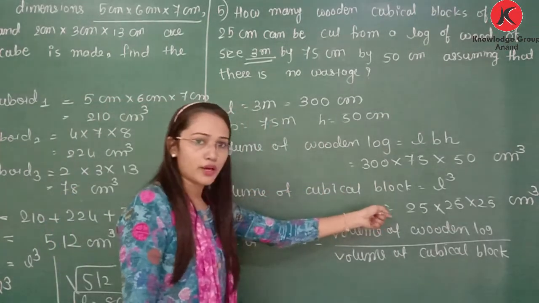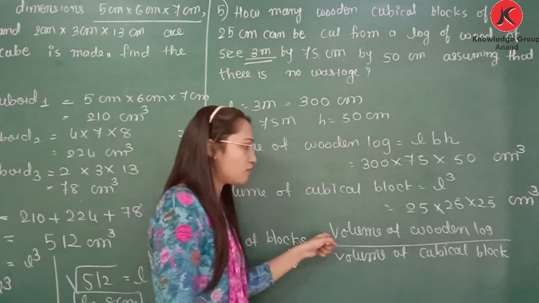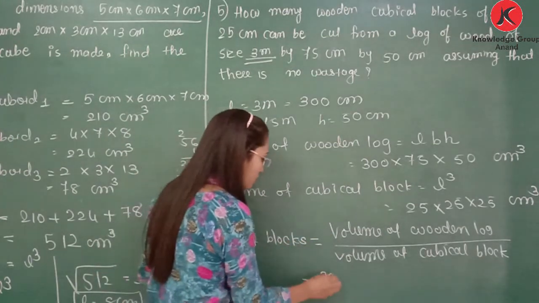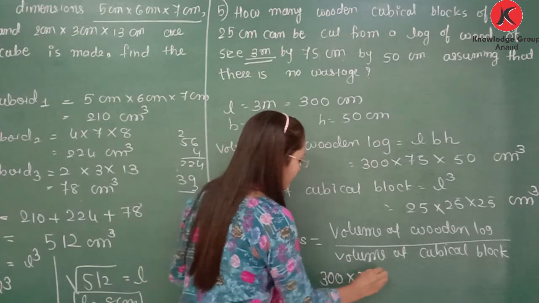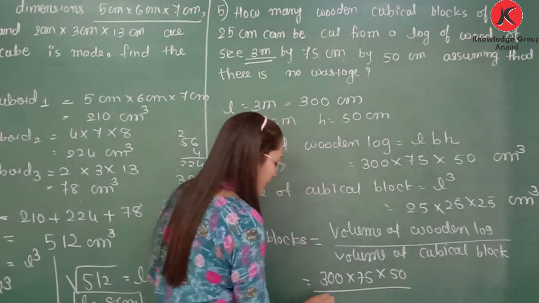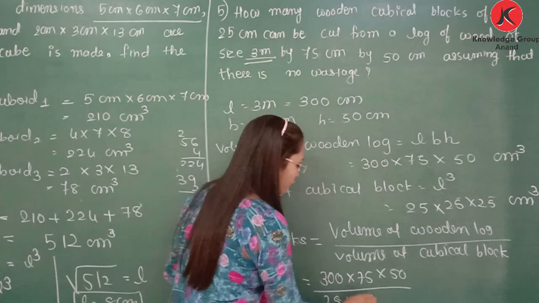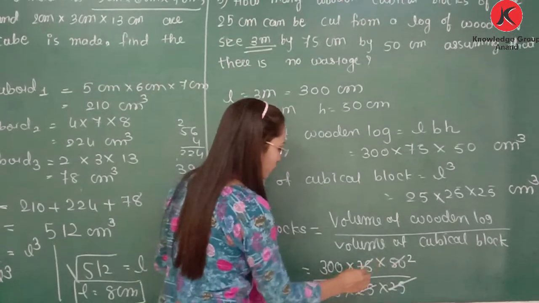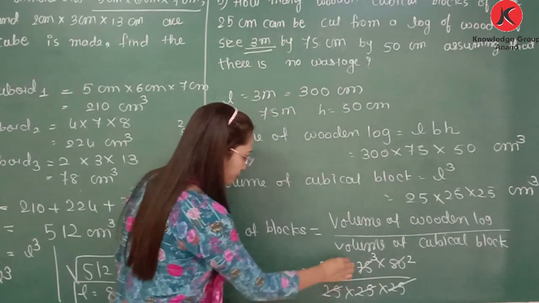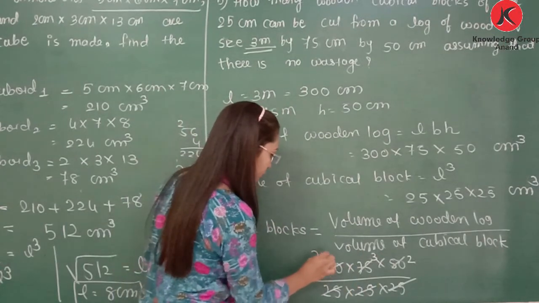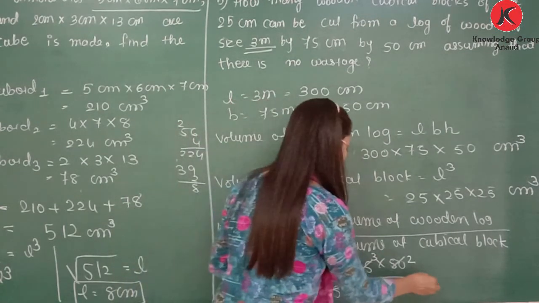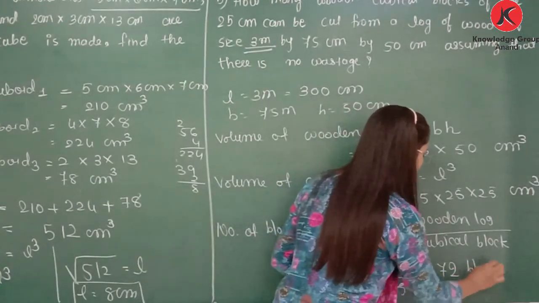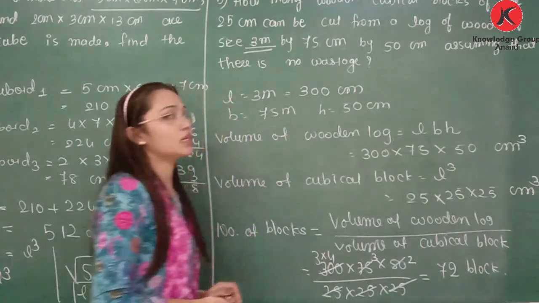So the number of blocks can be found by dividing the total volume by the volume of one block. So it is 300 multiply 75 multiply 50 divided by 25 into 25 into 25, and so it is 72 cubical blocks that can be made.